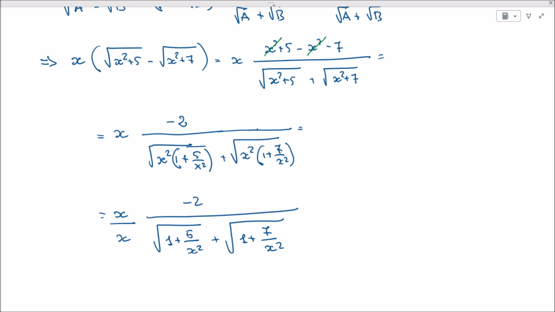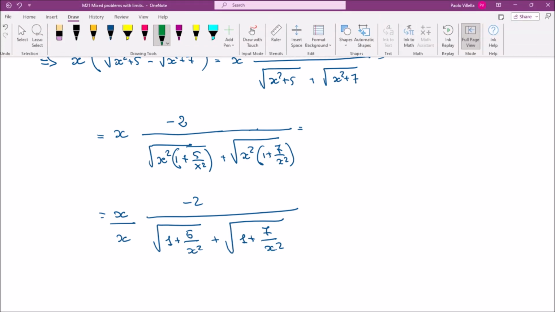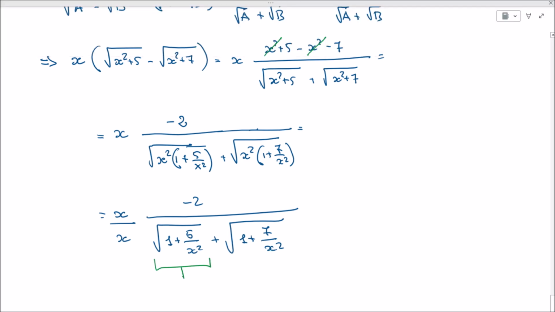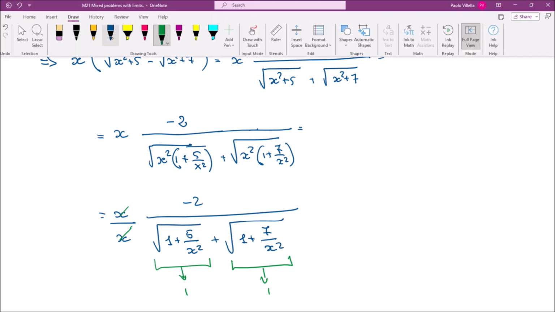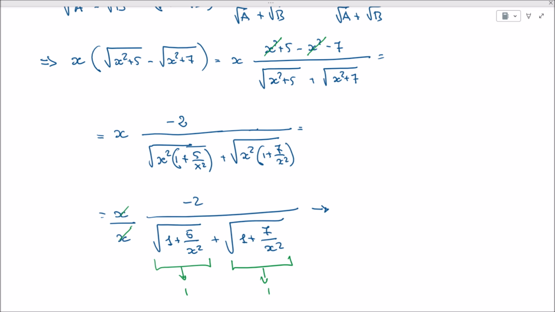But clearly, for x that goes to infinity, we immediately see that this will tend to 1, this will tend to 1, these two will cancel out, and that implies that this limit is equal to minus 1, because in the limit we have minus 2 divided by 2.